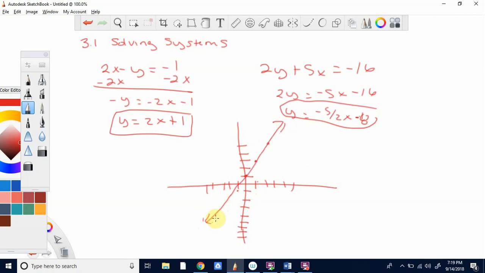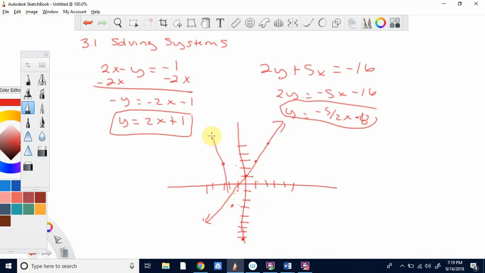And you would use graph paper for graphing systems when you're using the graphing method. Then for the second line we start at -8 and go down 5 over 2, counting out the units.